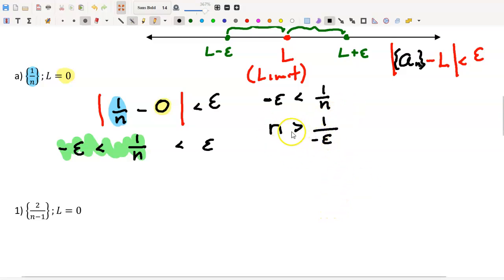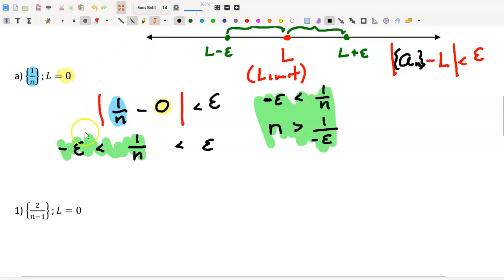Which, since n is a positive number, doesn't help us a whole lot. Epsilon's always positive, so if I plug in any value for epsilon, it's going to give me something that is negative. So much like the first one, right? We're just going to end up throwing this out.